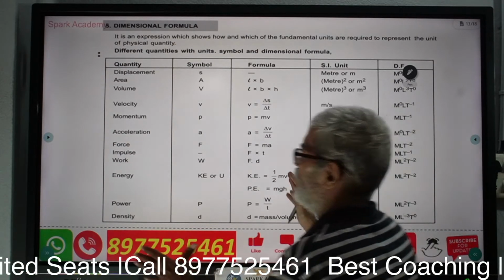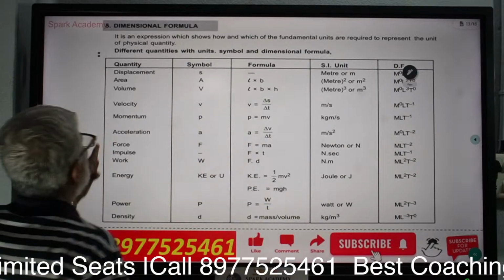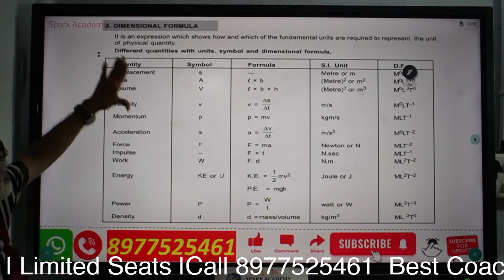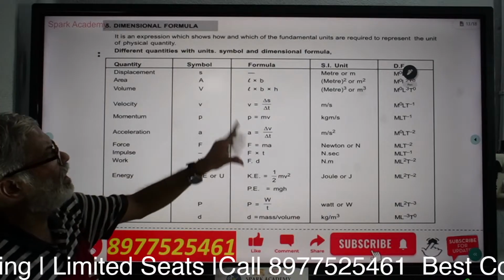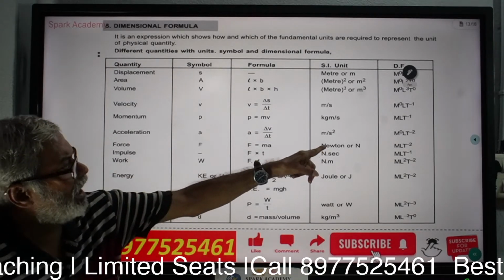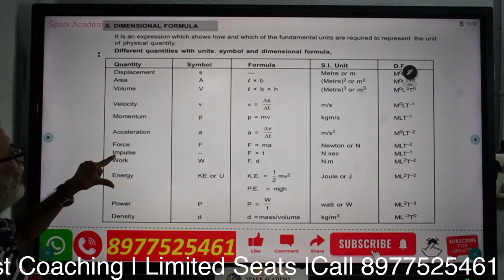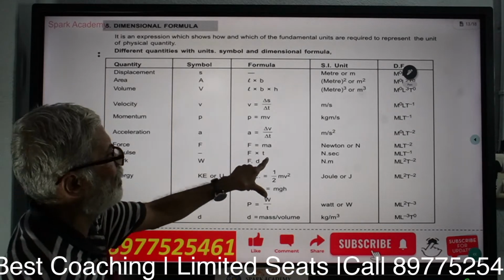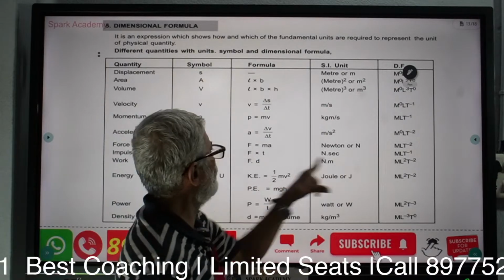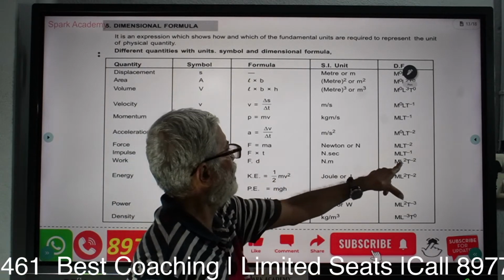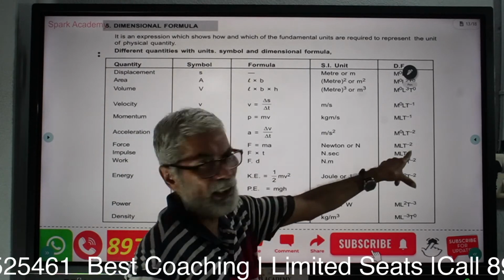Okay, so this is a chart wherein physical quantities are there, formula is there, and corresponding dimensions are there. For example, impulse is actually force into time. So force is MLT minus 2 into T. So it will be MLT minus 1.